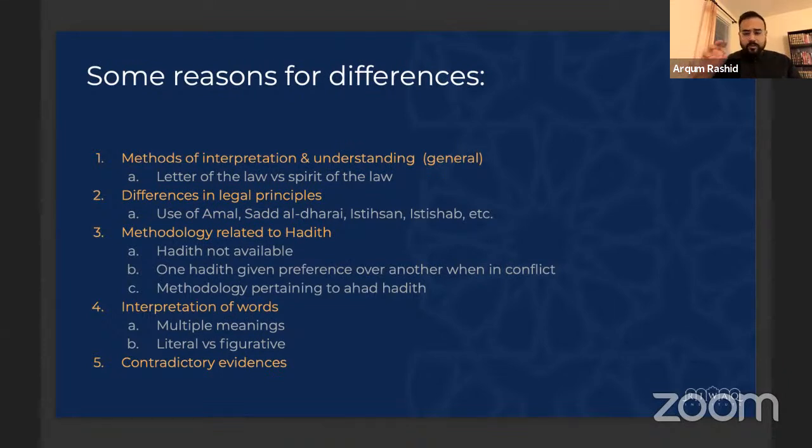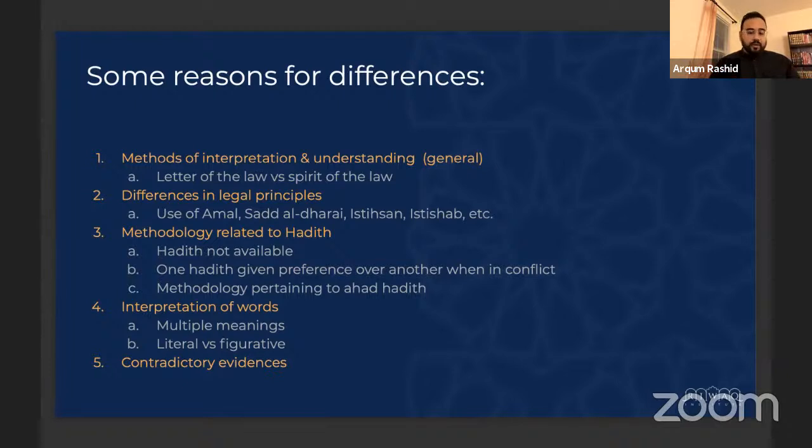Now, obviously, we won't do an example from here because we took an example from here. Number 2, differences in legal principles. So this is referring to the fact that, if you remember last class, we spoke about those sources that are differed upon. Because these schools of law have different sources and different preferences that they are using as tools to extract and understand Islamic law, the outcome will be different, right?